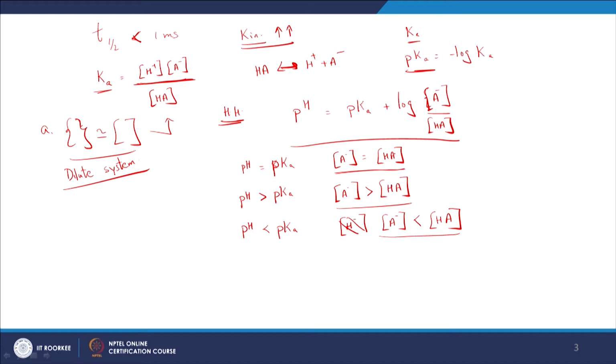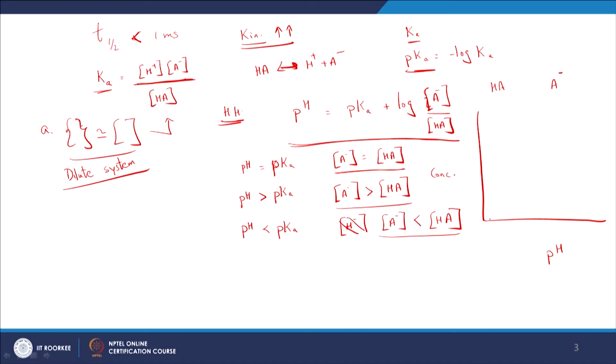So let us try to jot this down in terms of a graph, and then look at how to interpret the graph, right. So this is something that is important again, or remarkably important. So we have pH and we have concentration here, right, and I want to be able to plot HA and A minus on this graph now, right. And so keep in mind that this is our equation, right.